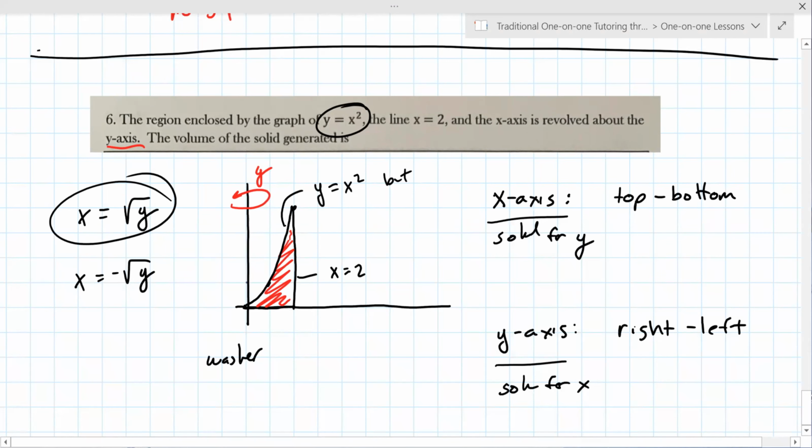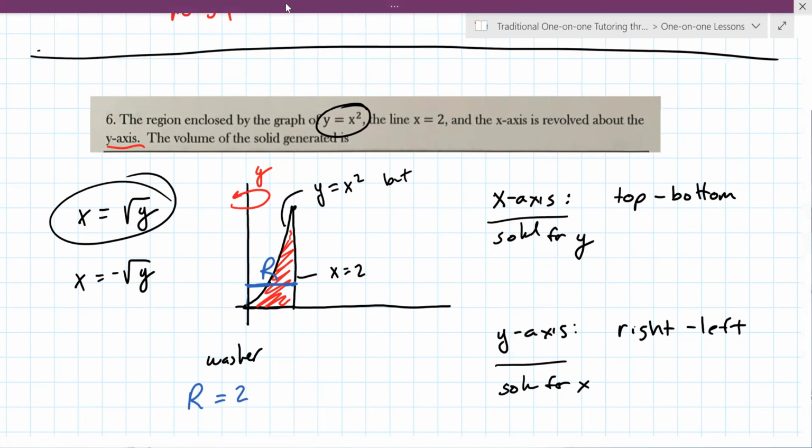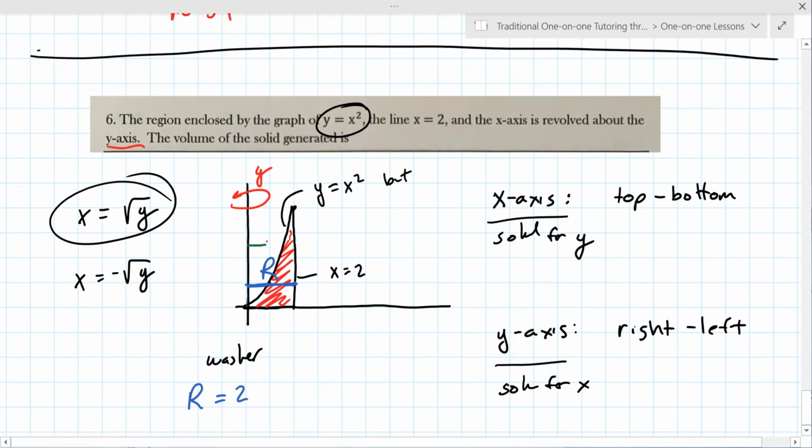So for the washer, you need your big R, which is always from the axis that you're revolving around to the, in this case, rightmost function. So big R is 2. Little r is the other one, the closer one, so little r in your problem is square root of y.